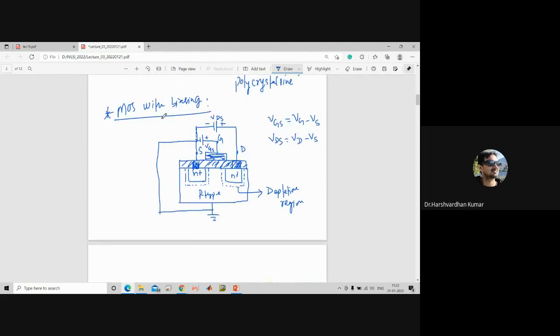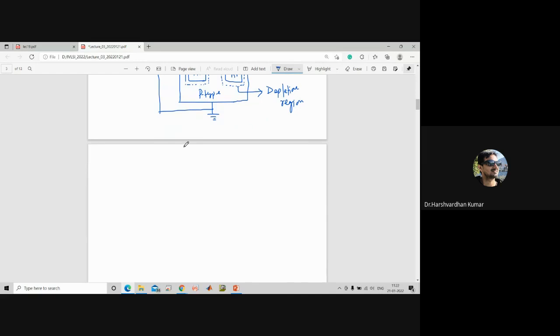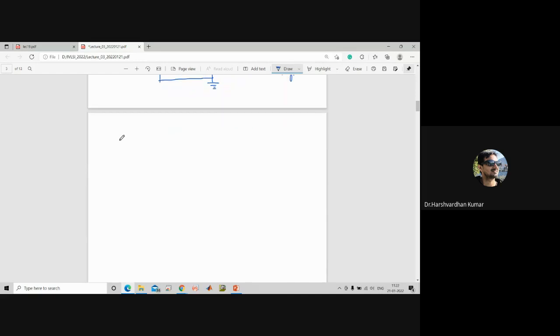Okay. So this is the MOS transistor with biasing. We have to remember how we can do the biasing. This is all about the NMOS, so for the NMOS the gate voltage will be positive, right? Now let us talk about case 1.